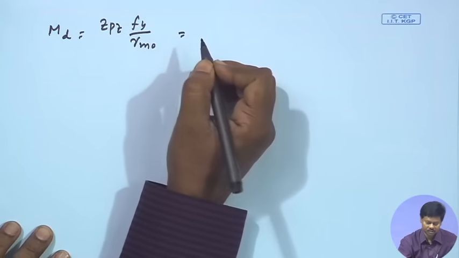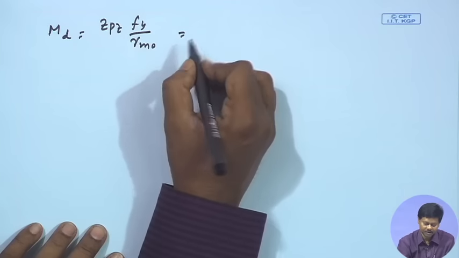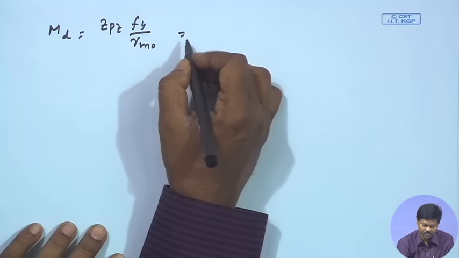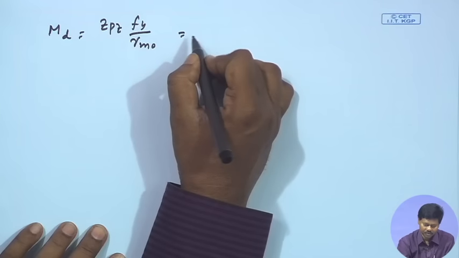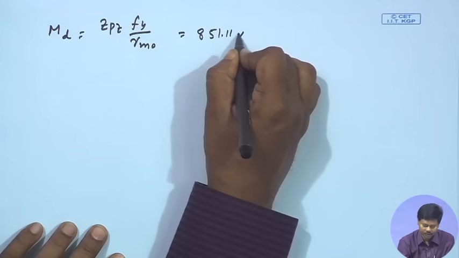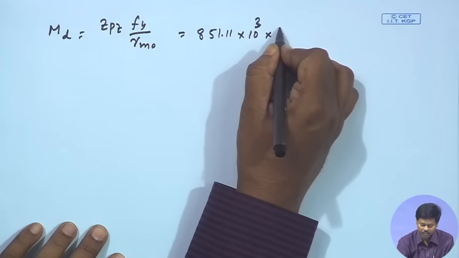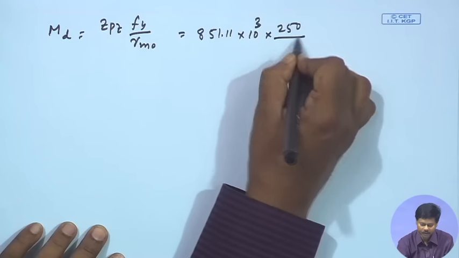If we do not consider the high shear, this is the bending strength we will get, where Zpz is 851.11 × 10 to the 3 for this section, into Fy by gamma m0.